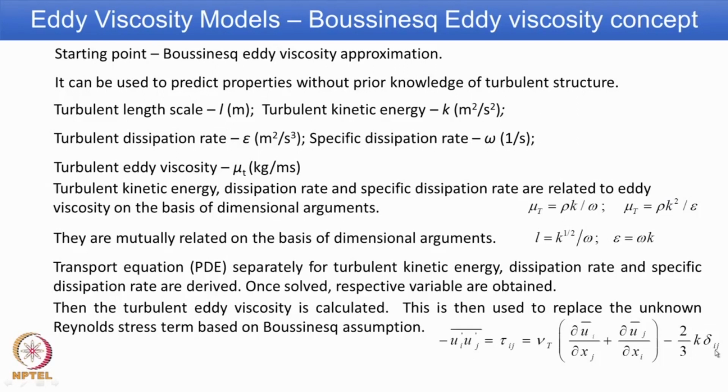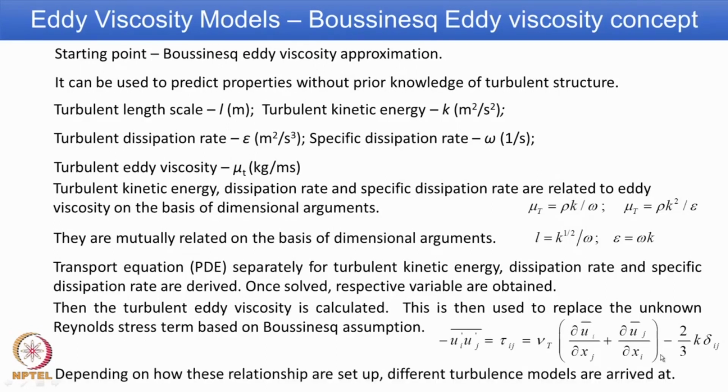We already learned delta ij is Kronecker delta and that takes a value of 1 if i is equal to j, equal to 0 if i not equal to j. So, this was a proposal by Boussinesq and this is a starting point, foundation point for all the turbulence modeling. Depending on how these relationships are set up, you get different turbulence models.